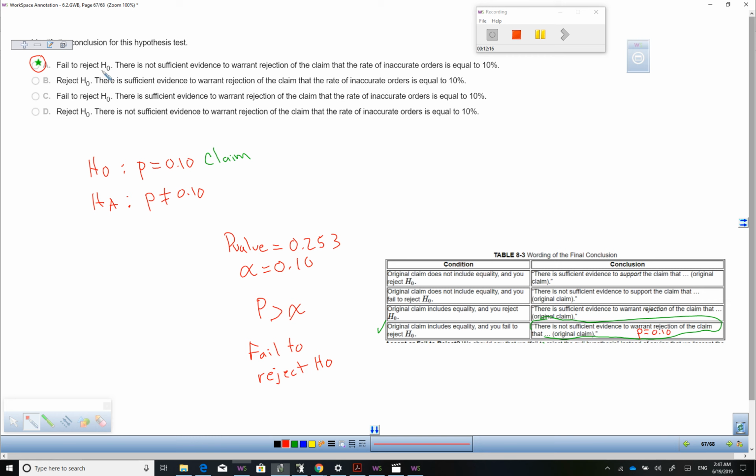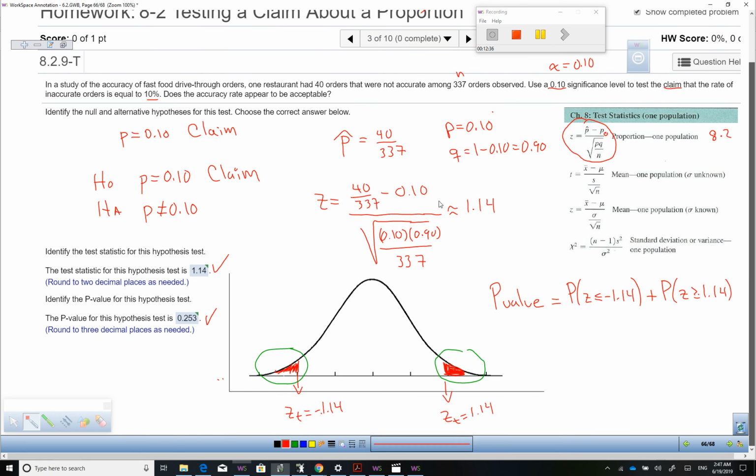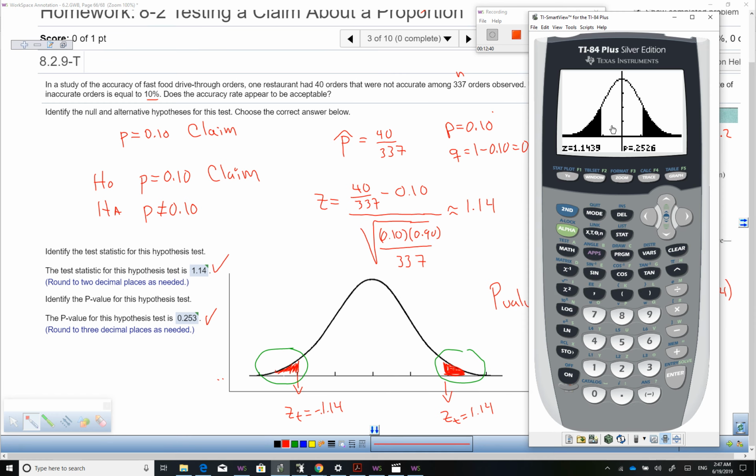Fail to reject, and there is not sufficient evidence to warrant rejection of the claim that the rate of inaccurate orders is equal to 10%. So that's how you do this problem. I did show you the long way with all these formulas, and the short way, which is with the calculator.